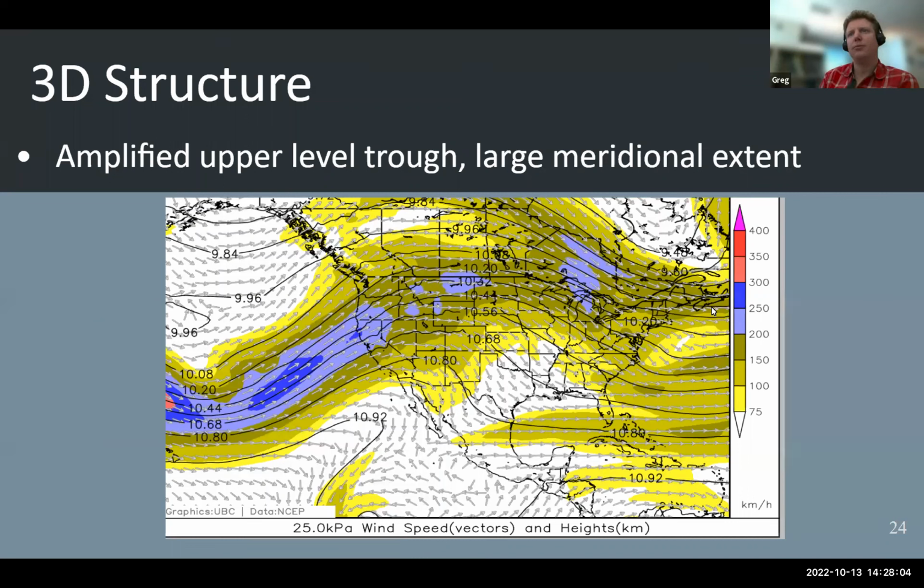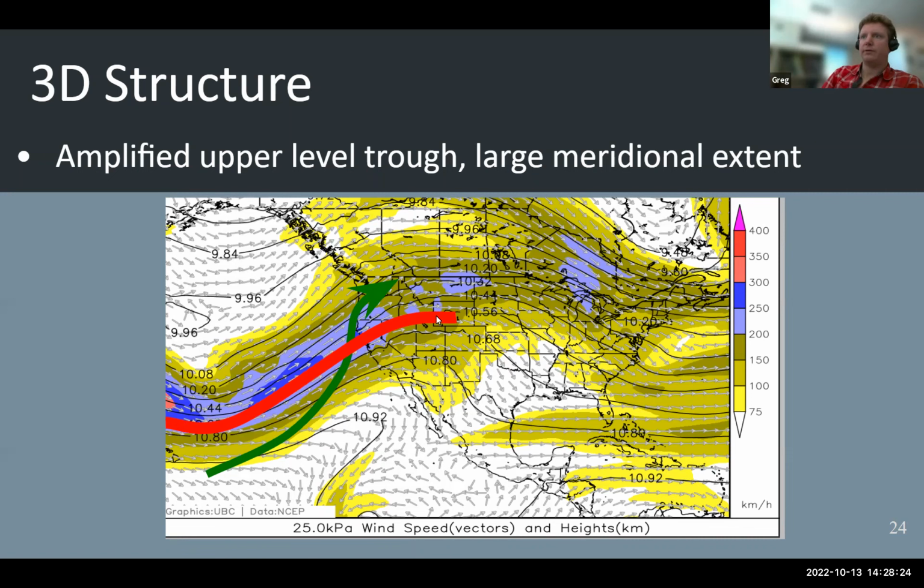Okay, so we'll go back to what these look like at different levels of the atmosphere. This first map is near the top of the troposphere. Jet level winds. This is showing jet level wind speeds and 25 kilopascal geopotential heights.